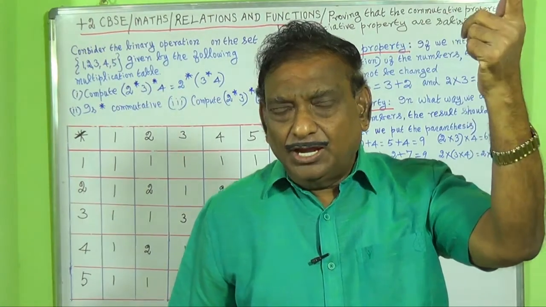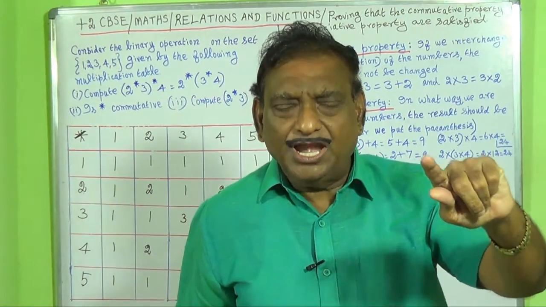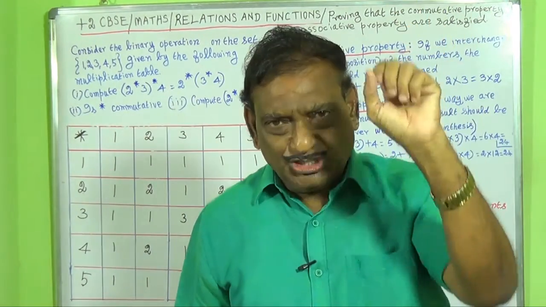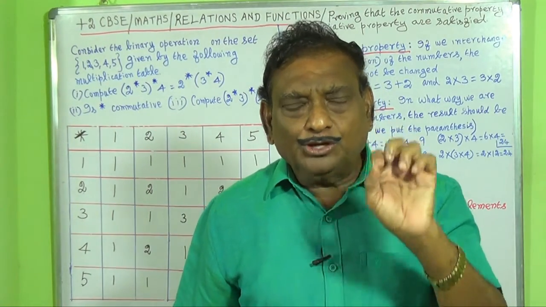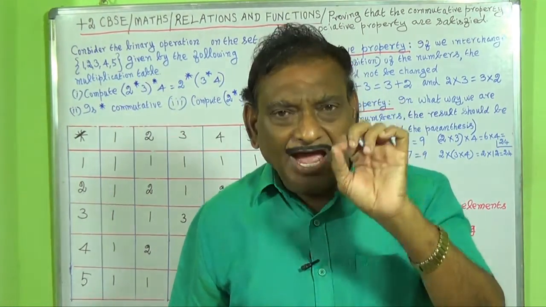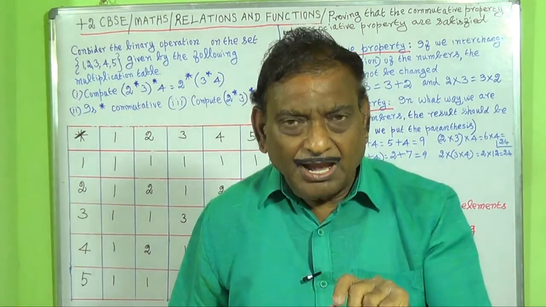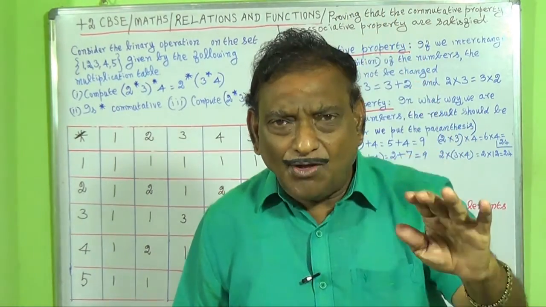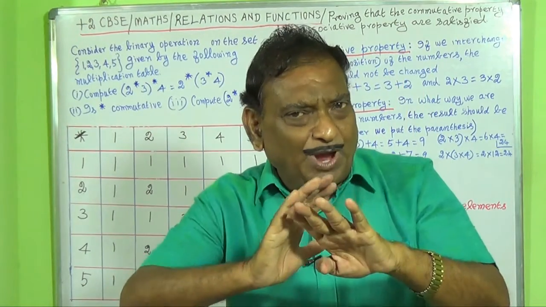Initially we said that in the case of addition and multiplication, the commutative law is satisfied. So finally we come to the conclusion that in the case of addition and multiplication, the commutative law as well as the associative law are satisfied.